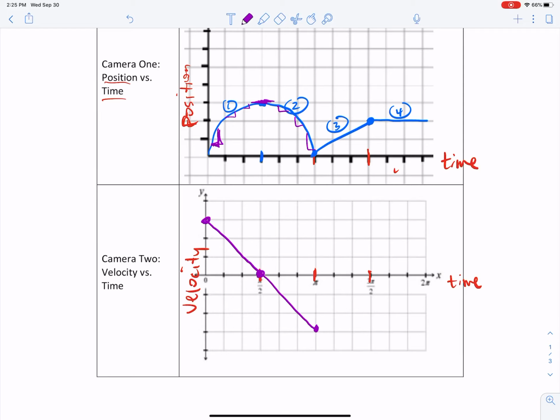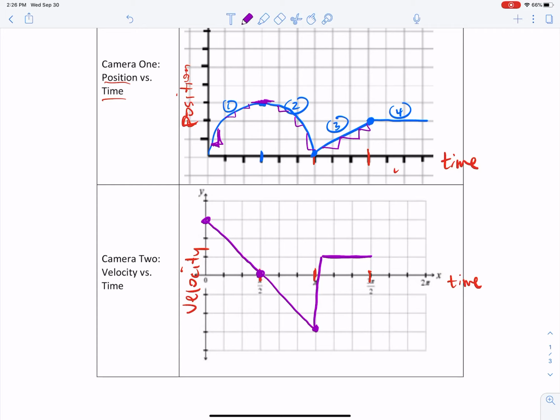Then in section 3, I have a constant positive slope. So there needs to be some sort of acceleration that happens here where, in some moment in time, I accelerate into positive land, and I'm now going to move at constant positive velocity for a little bit.